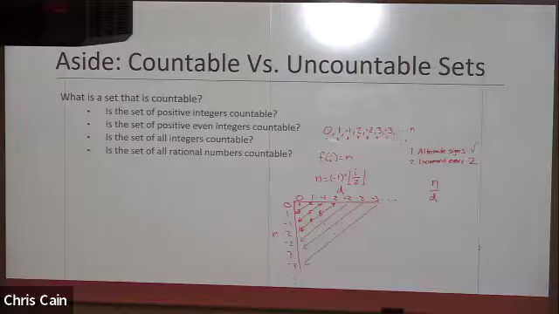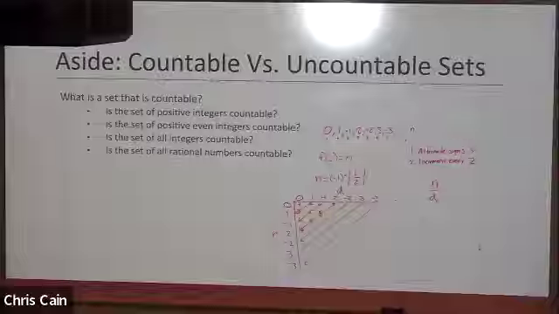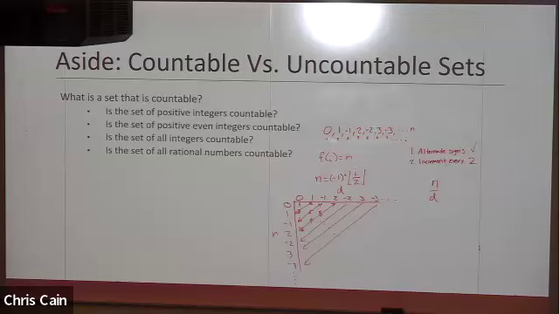I'm not going to have us come up with that function, at least not yet. That would be a fun thing to do eventually, to come up with how we convert between an input row-column pair and the order in which we're going to look at it. But it's very possible to do.